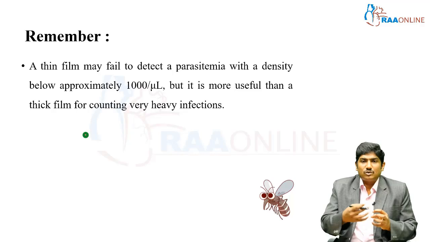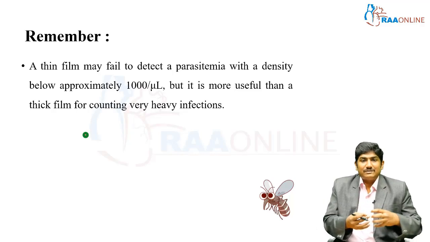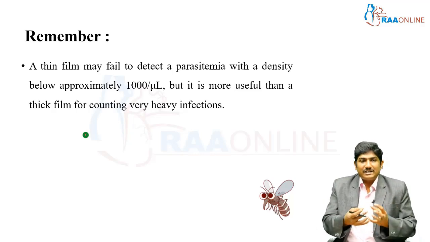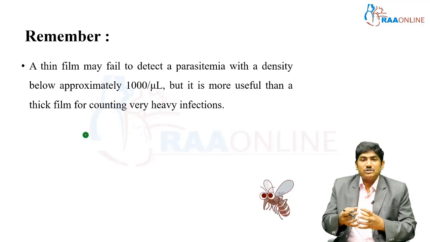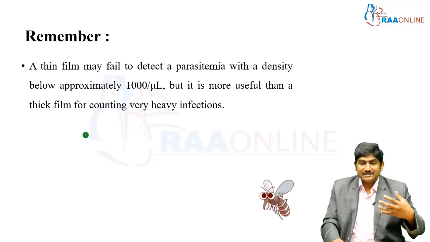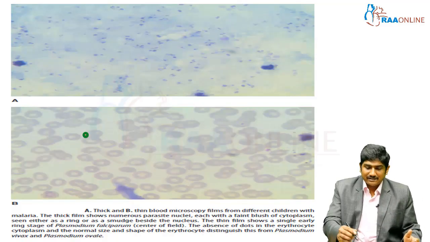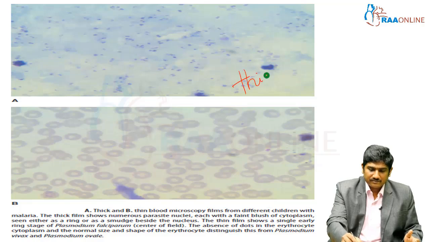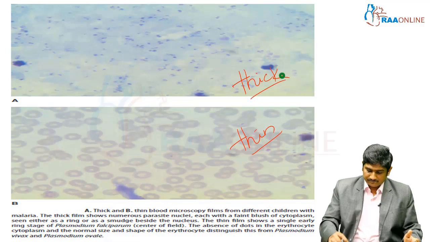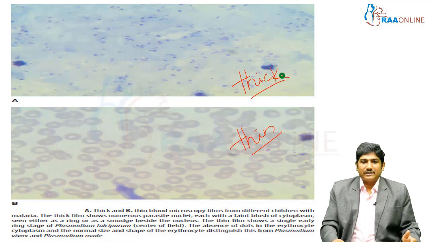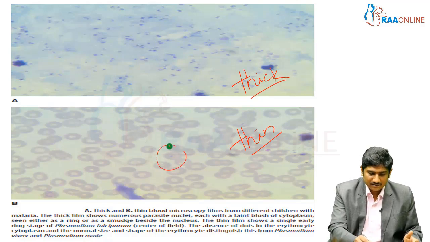It is not going to go to the spleen. It is not going to remain in the bloodstream as such. It's going to get held by the endothelial cells. It's going to get sequestered. So the load is very high, but when you take a sample, you might miss the parasite. So this is the thick one. This is the thin one. Can you see these small dots here?